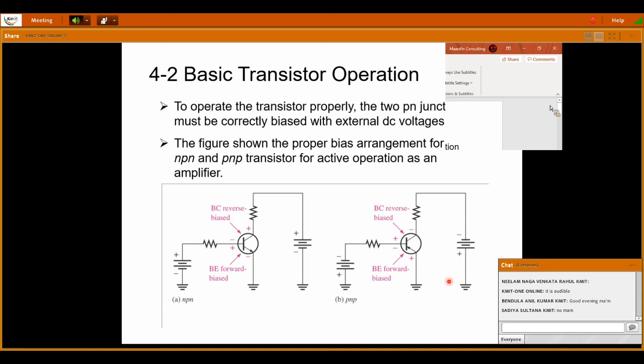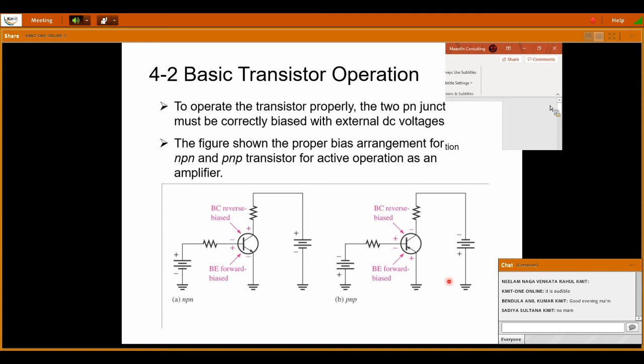The second region of operation is when you forward bias your input and the output junction is reverse biased. Then it can be utilized as an amplifier and it operates in the active region. The carriers are multiplied with a factor of your gain.